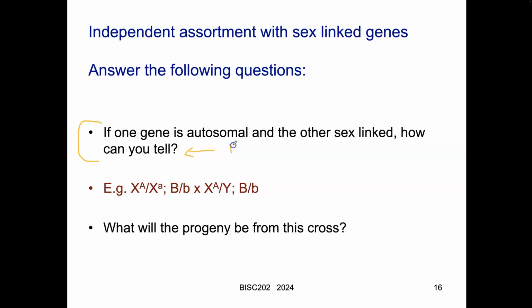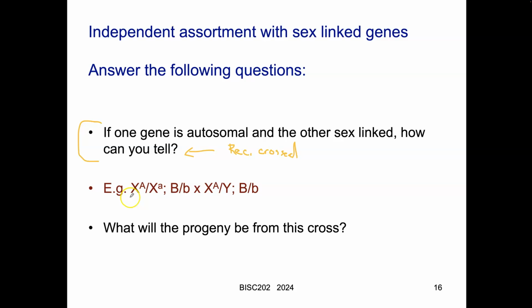Think about what you would expect to see in reciprocal crosses, because for sex linkage, that is the best way to determine. So long as you know which is the dominant trait, you might be able to tell from a single cross as well. It just depends on how the crosses are done.